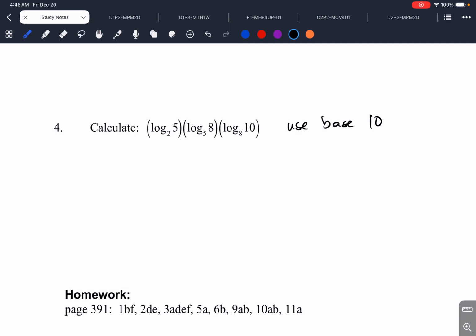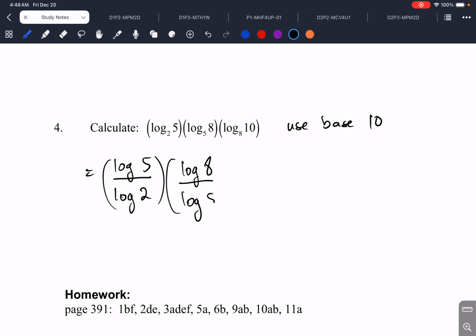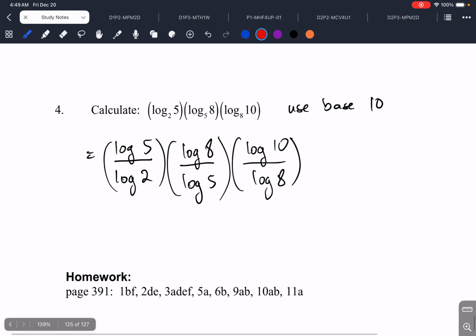Okay, so for the first logarithm, using base 10, I can write this as the log of your argument 5 divided by the log of the old base, so log of 2. And for the second log here, I'll write this as the log of 8 divided by the log of the old base, log of 5. And for the third one, we have the log of 10 over the log of 8. Okay, and we can do some cancellations, right?